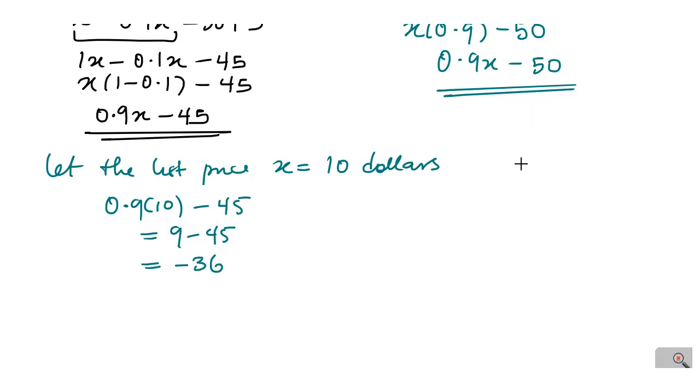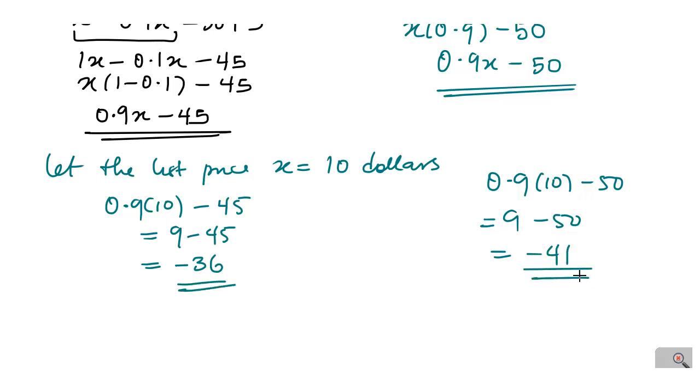For quantity B, we have 0.9 into bracket 10 minus 50, which gives us 9 minus 50, and that is minus 41. So obviously minus 36 is greater than minus 41.